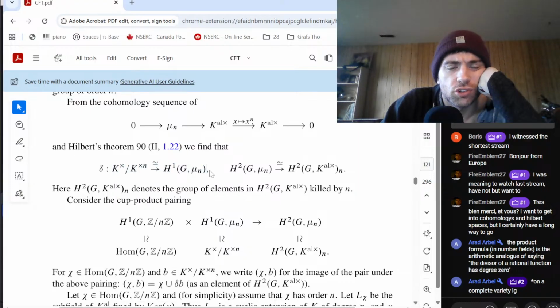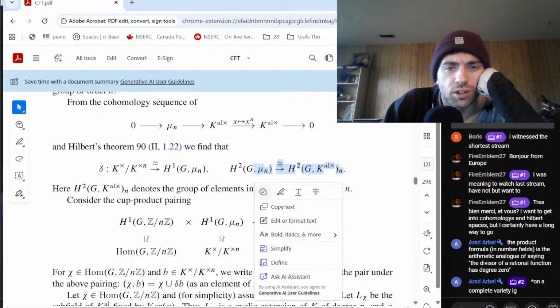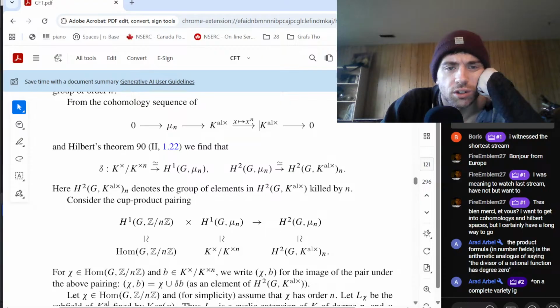H1(G, mu_n) is isomorphic to this quotient, and H2 is isomorphic to this. Oh, I guess this is from Hilbert 90, and maybe this is from the cohomology of this sequence, because one of these should be trivial.